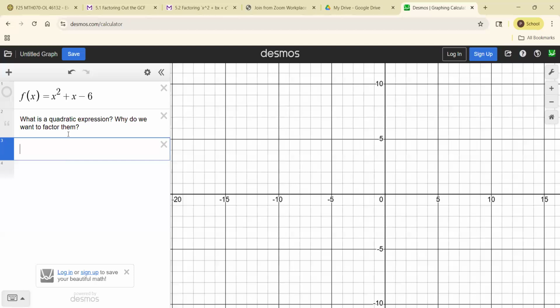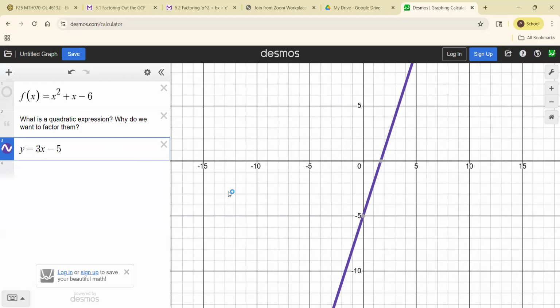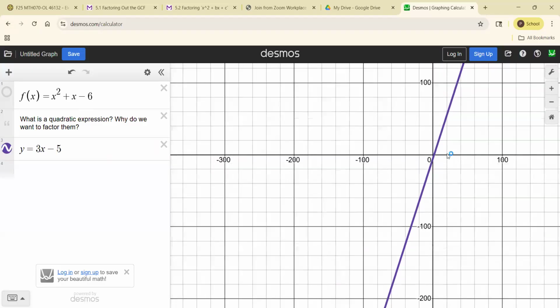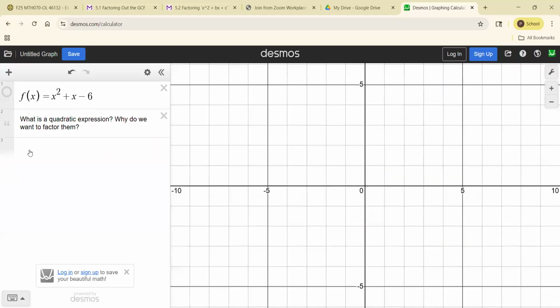Now, before I graph a quadratic expression, let me just graph a basic linear function, like y equals 3x minus 5. And linear functions create lines as the graphs. The quadratic expressions do not create lines when you graph them.